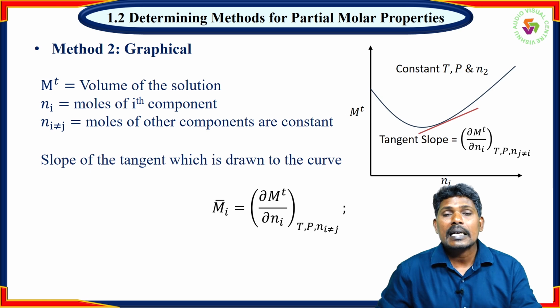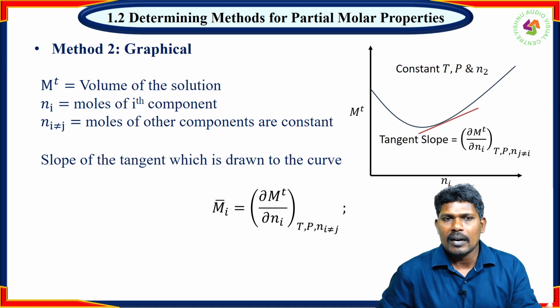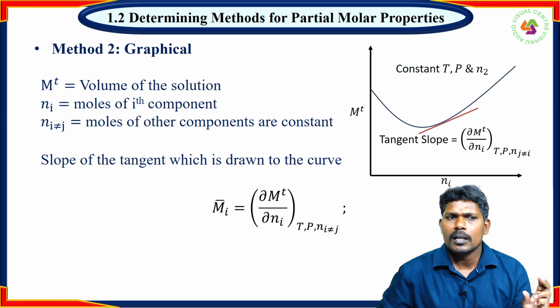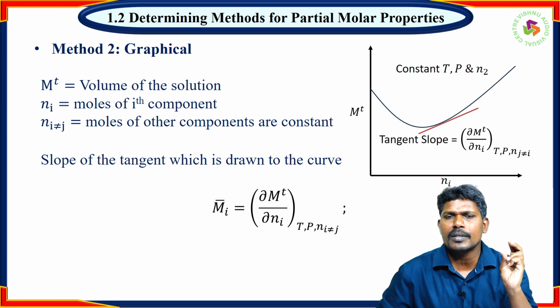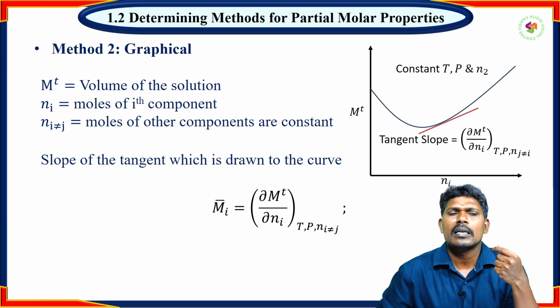The second one is the graphical method. Using a graph, draw the graph for the particular compound whose moles alone are changing. For example, consider compound i, that is 1.